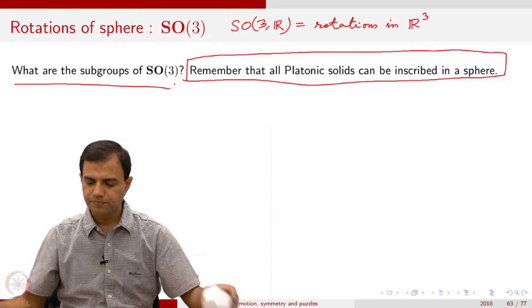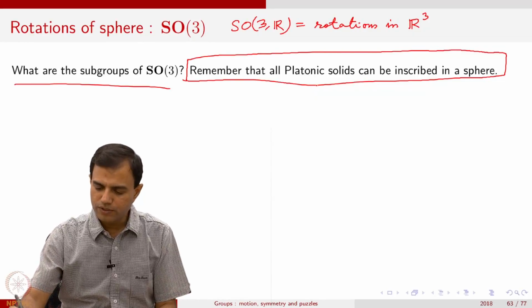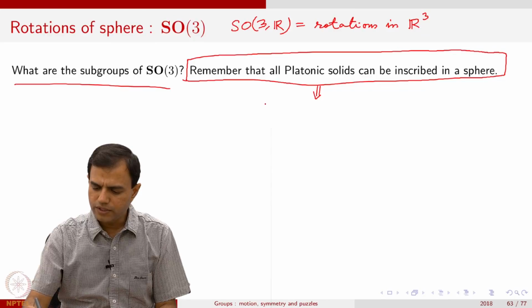So that's easy. Therefore, the conclusion is that all those groups of rotations of the tetrahedron, you remember what it was? It was A4.